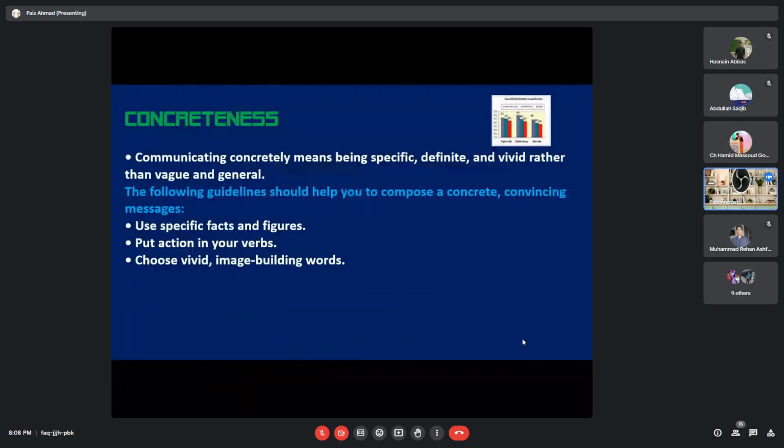That's concreteness. Communicating concretely means being specific, to the point, definite, and vivid rather than vague and general. The following guidelines should help you to compose concrete, convincing messages. You should use specific facts and figures. You should put action in your verbs. Choose vivid image-building words.